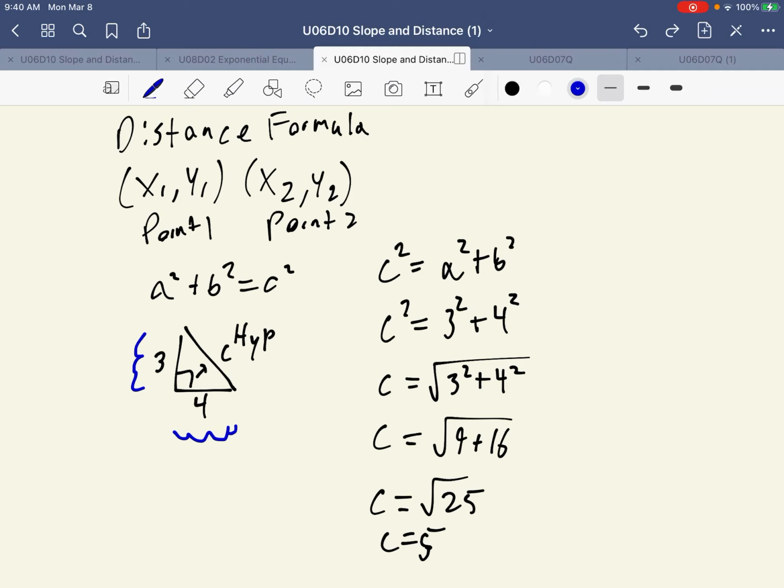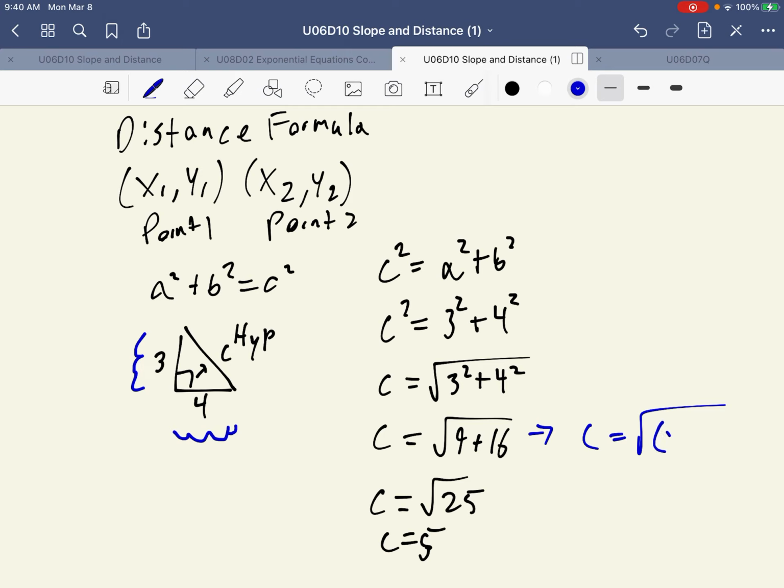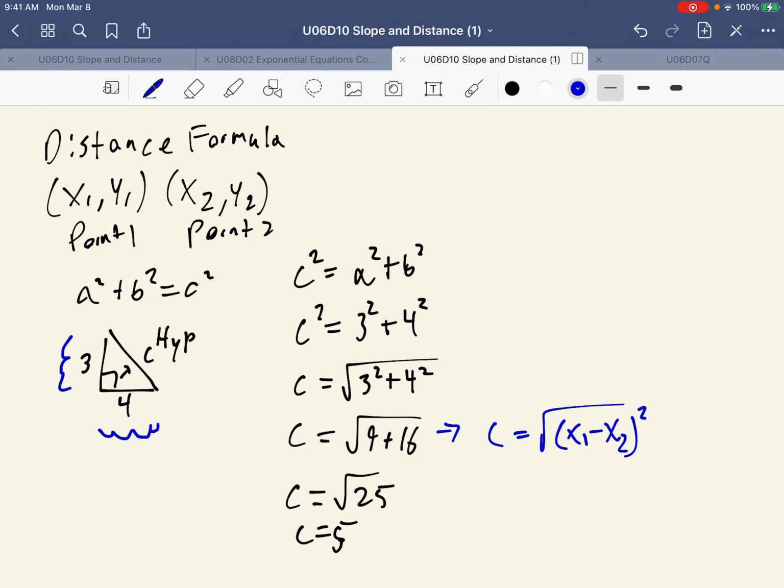So the distance formula comes from the Pythagorean theorem at this point. It says c is equal to the square root of x1 minus x2 squared plus y1 minus y2 squared.